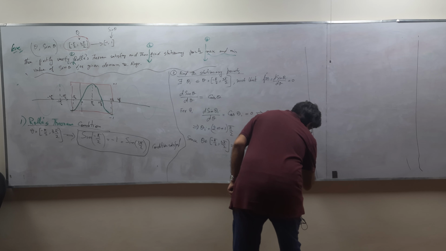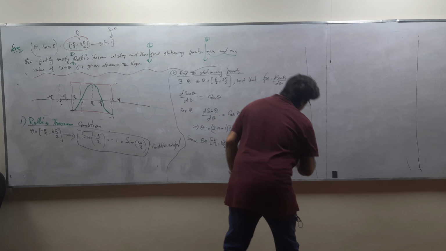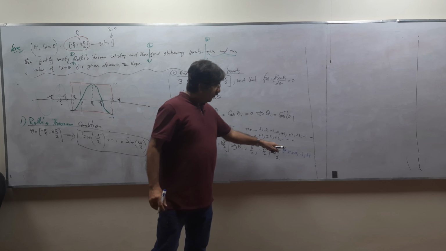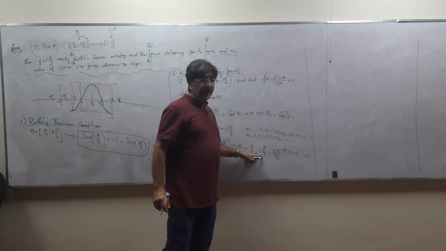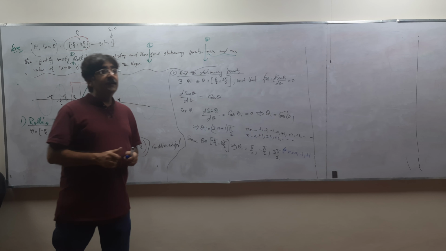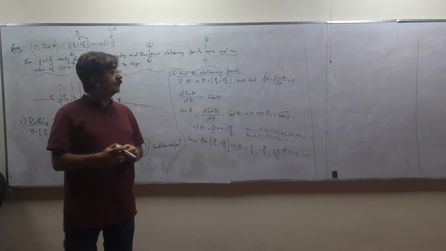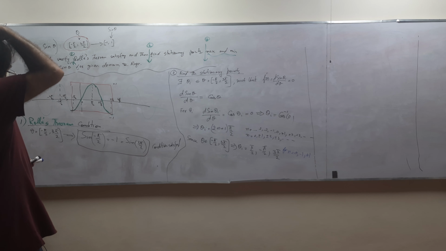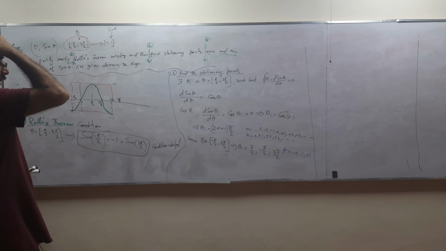For n equal to 0 this is pi by 2, for n equal to minus 1 it is minus pi by 2, for n equal to plus 1 that will be equal to this. So these values are for theta.